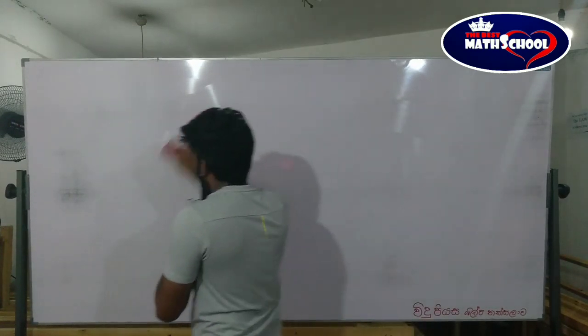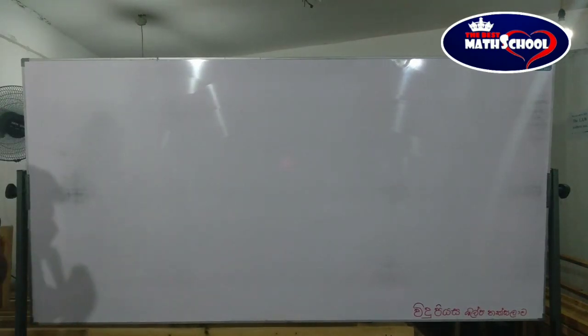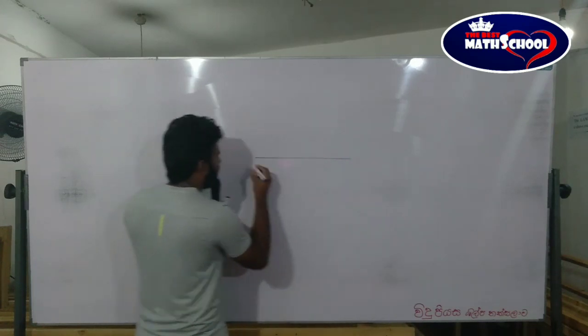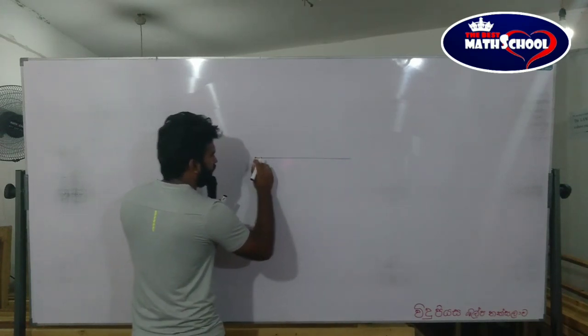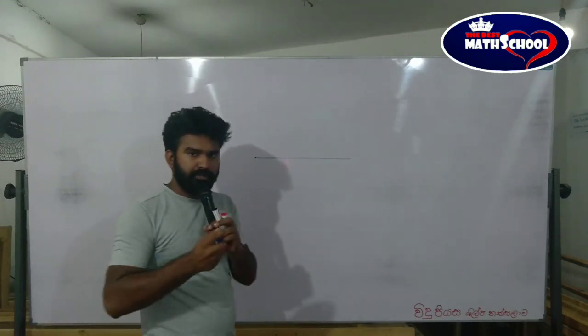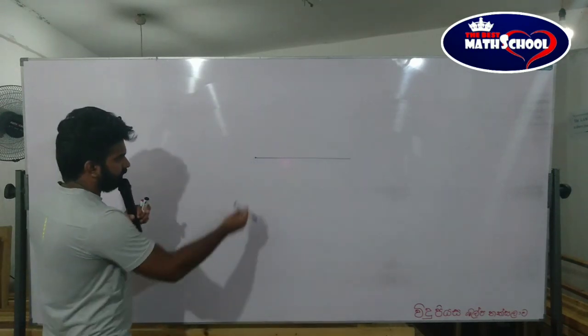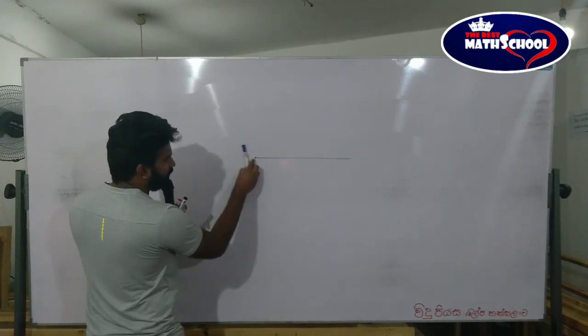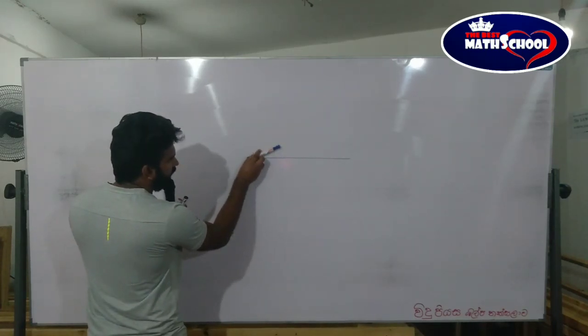The summary of the lesson: if I take a single arm like this, this will be an arm. I'll take this pen as the second arm, and I'm moving like this on this vertex point.